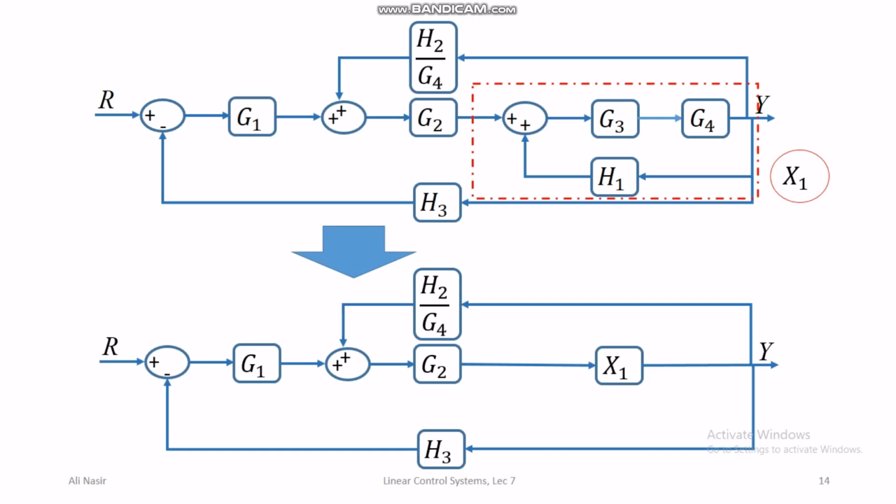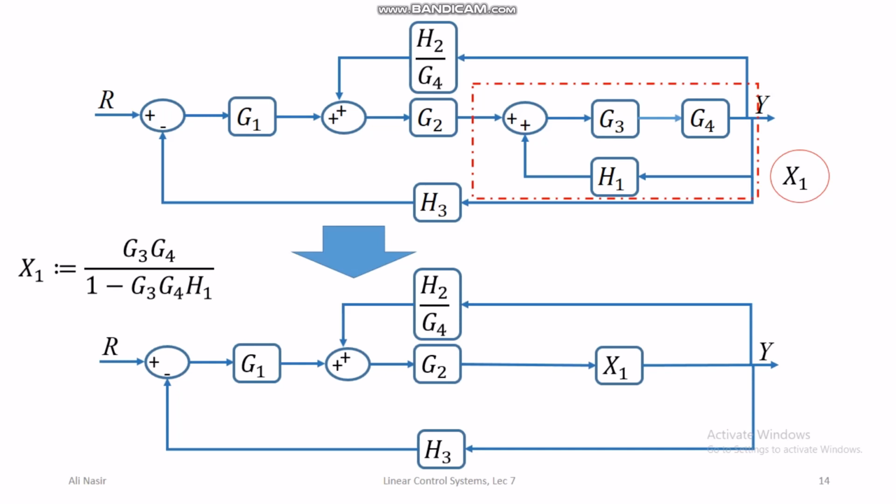This block diagram is now fairly simple because the whole loop G3, G4, H1 is now represented by a single block X1, and the transfer function for X1 is G3 G4 divided by 1 minus G3 G4 H1, which is direct path divided by 1 minus loop gain.